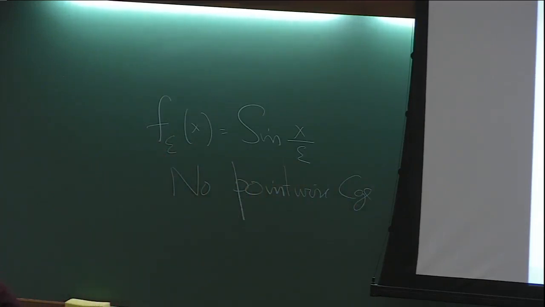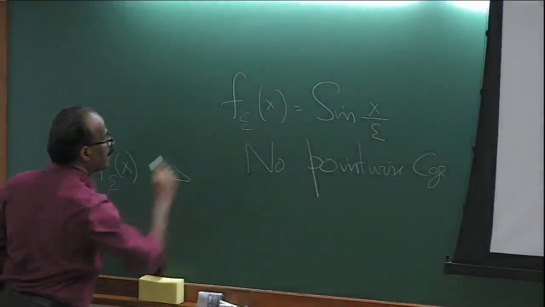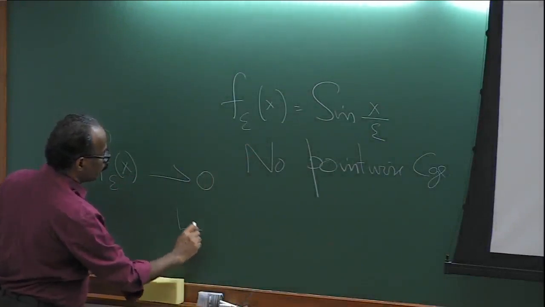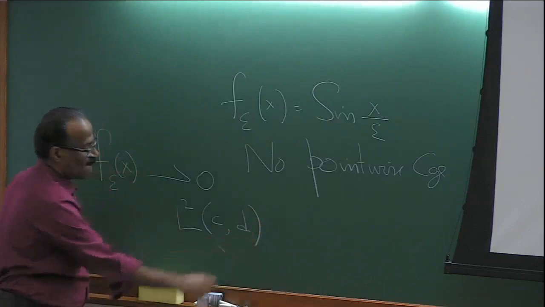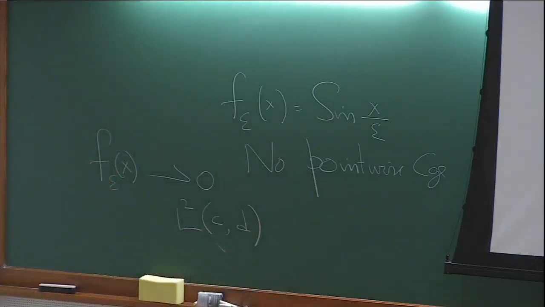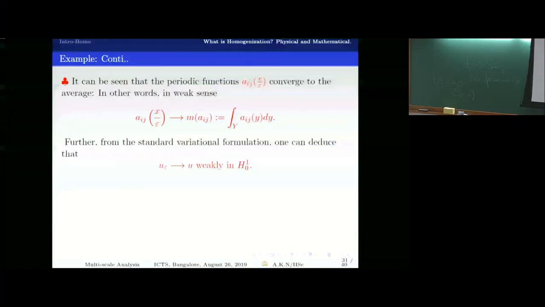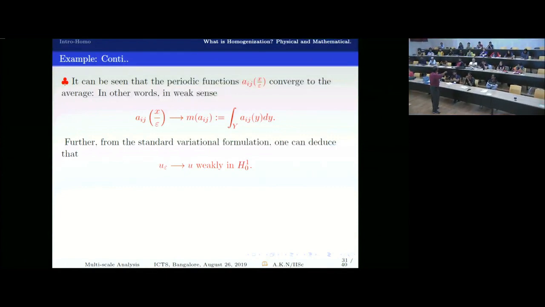It keeps oscillating, but you know that f_epsilon(x) will converge weakly in L2 space, on any L2 interval. More generally, if you take any periodic function and oscillate it, that function will always converge weakly to its average. The sine has an average of 0 over a full period.